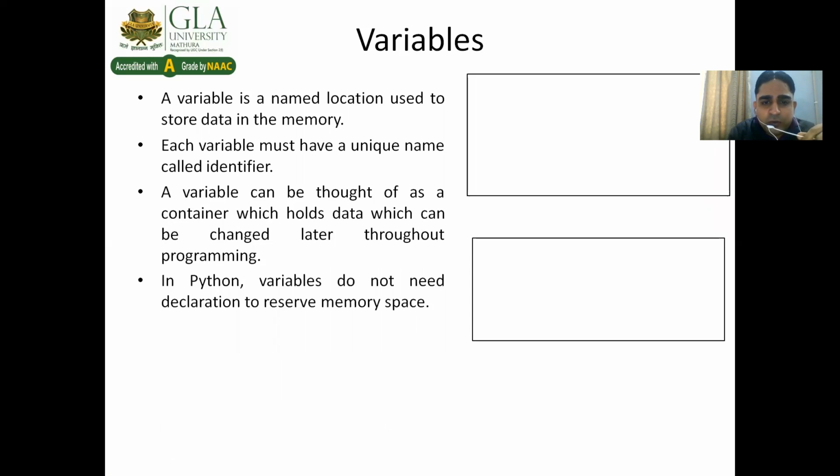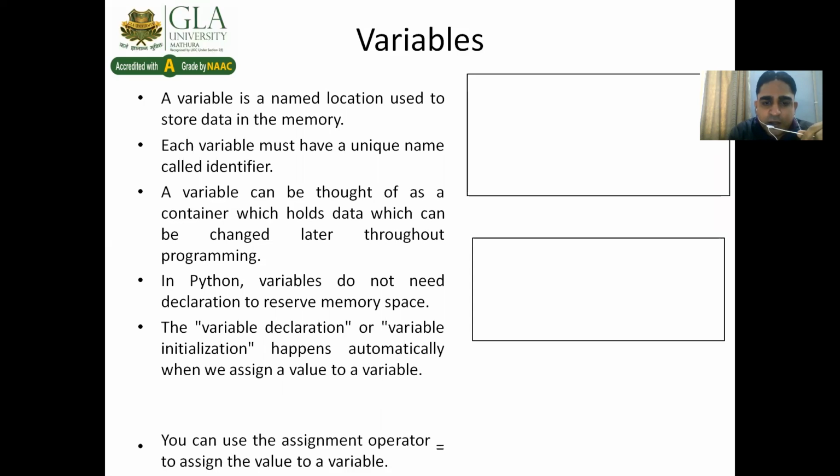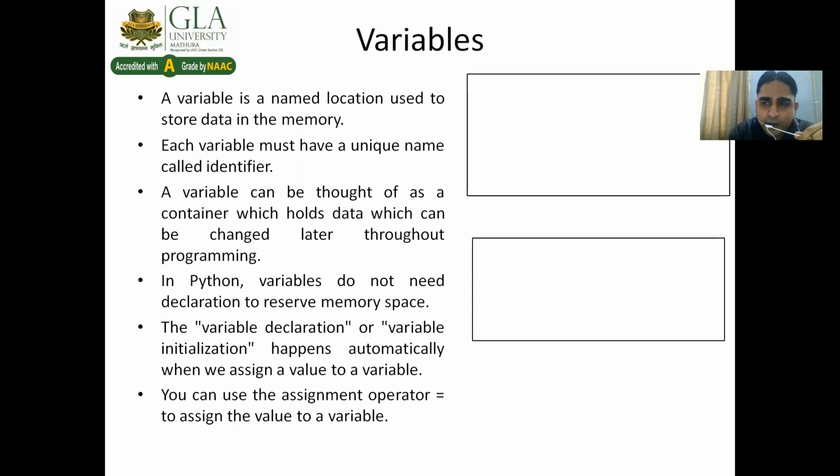In Python, variables do not need declaration. We do not need any declaration kind of thing, right? We directly initialize a value, and as soon as we initialize the value, the variable gets declared automatically, right? It takes the memory, and the assignment operator is used to initialize a variable, and whatever value you are giving to a variable, the data type of the variable becomes that only.